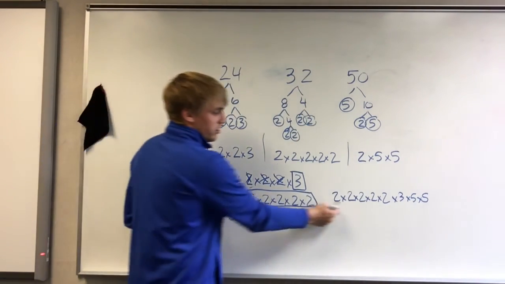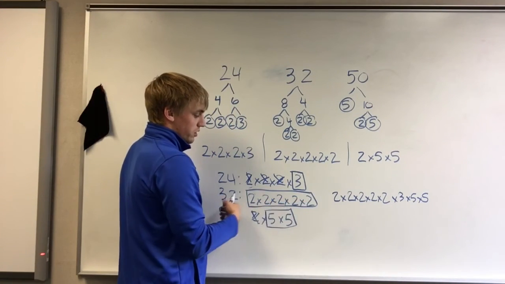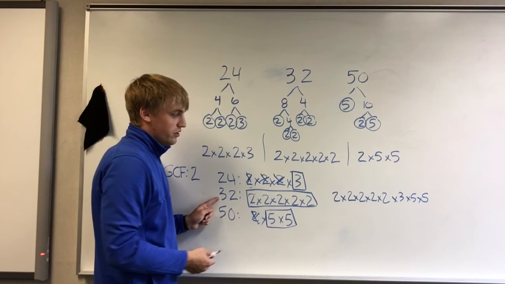So when we multiply all this together, well, the 2 times 2 times 2 times 2 times 2, since those are all the 2's, we know that that's 32.